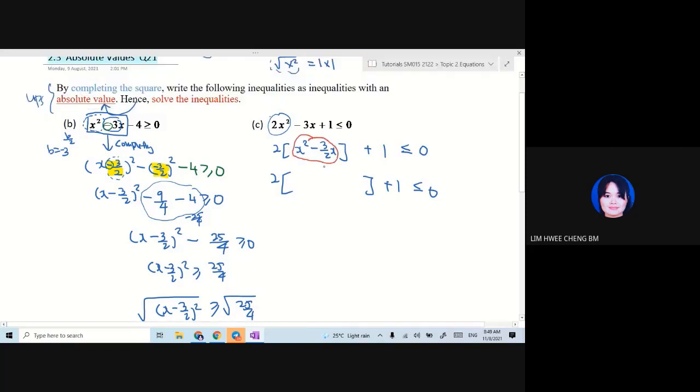You buat macam tadi. Minus 3 over 2, you divide by 2, what you will get? You bagi 2 lagi, you akan dapat negative 3 over 4, betul? Betul. Square, okay, minus dengan negative 3 over 4. You just do big square minus small square. That's all finish the story.